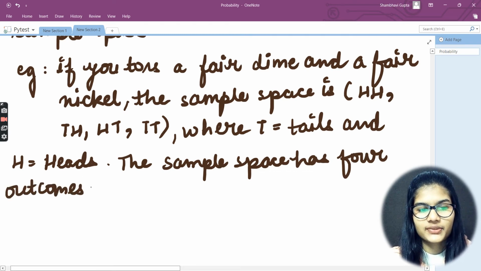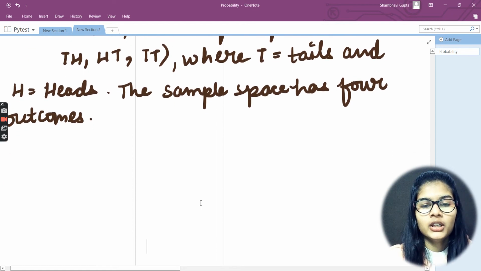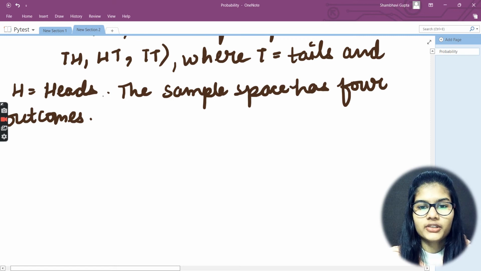If we toss a fair dime and a fair nickel, the sample space is HH, HT, TH, and TT, where T refers to tails and H refers to heads. So the sample space has 4 outcomes in total.